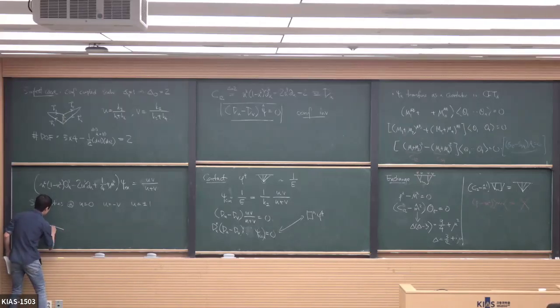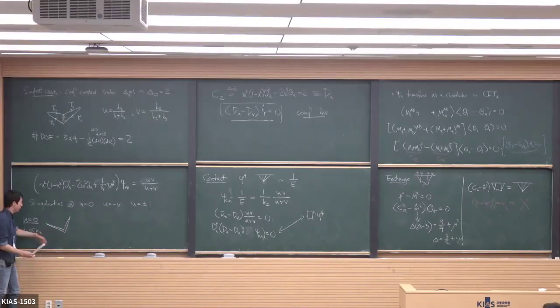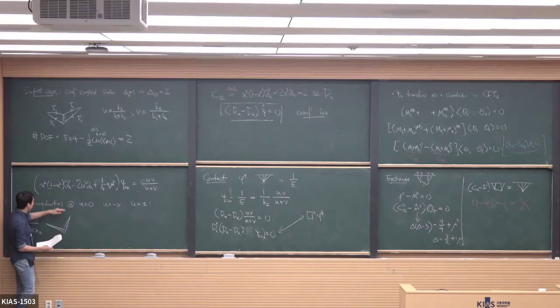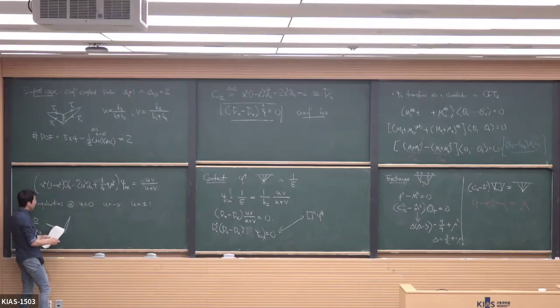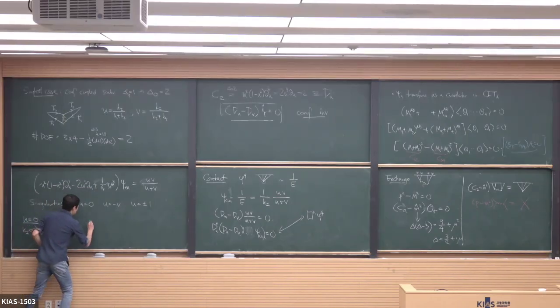This is like taking this 4-point function where you're collapsing the internal momentum. In this limit, you can ignore the first term, and the rest of the terms take this form.